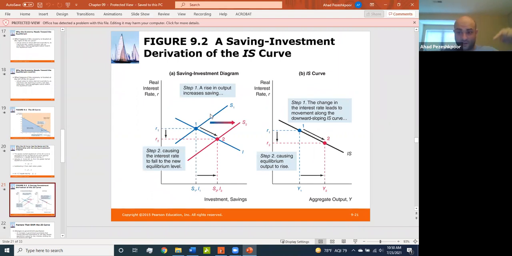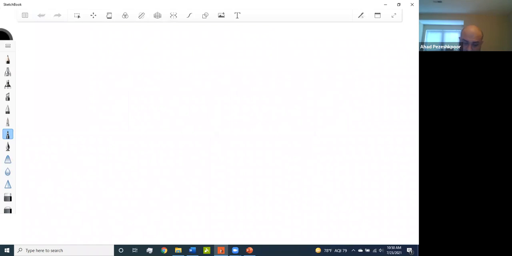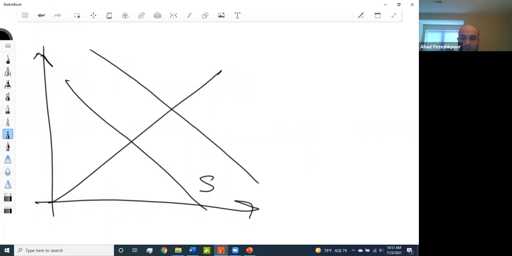Increased savings would shift your supply curve in the saving investment market. This is your savings. Now you have more output. Now you're richer. Now you can hopefully save some money after you paid rent and everything. So your savings would go up.